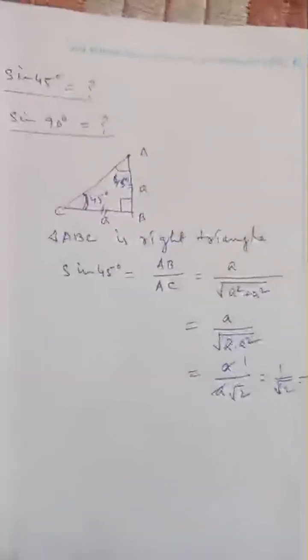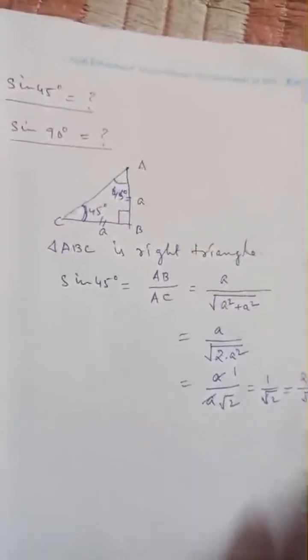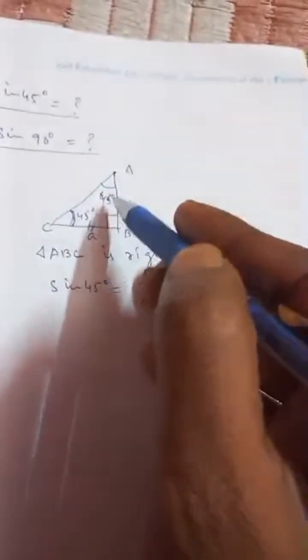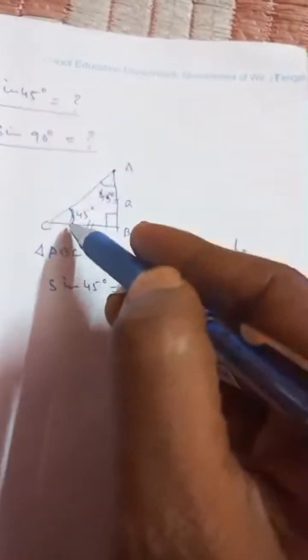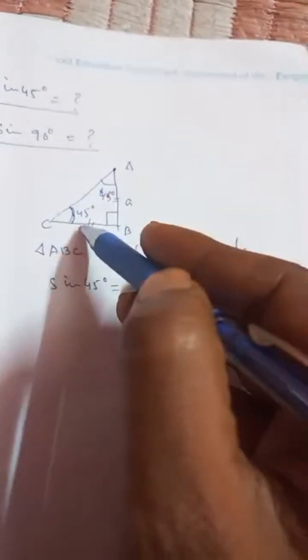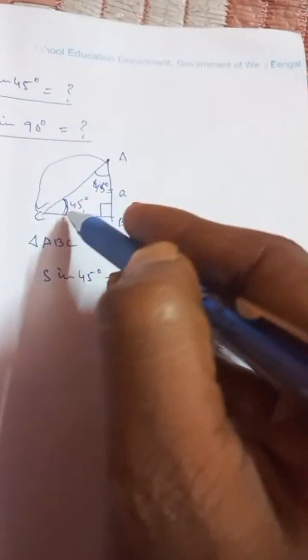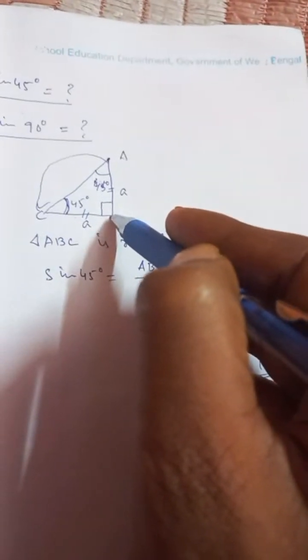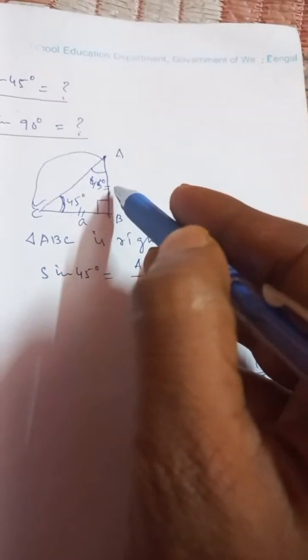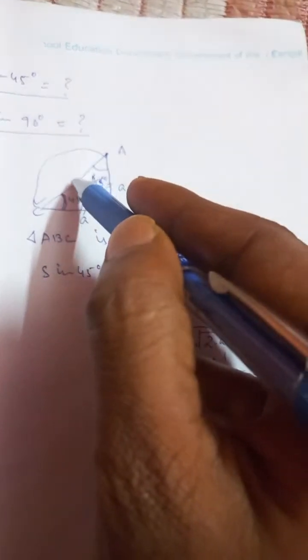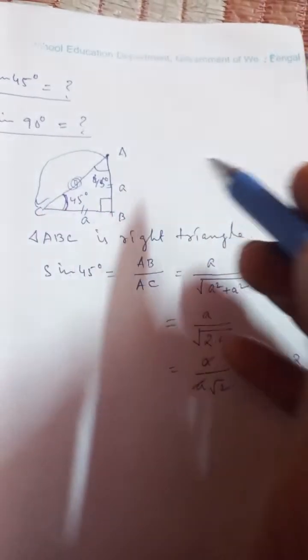And for sin 90 degree or sin 0 degree, we have to imagine it. If we try to find sin 0 degree, then the height and base are equal and the hypotenuse becomes 0. We have to take a rotation of 90 degrees for this height to reach the base. Then the height and base are equal, and there is no existence of this hypotenuse.